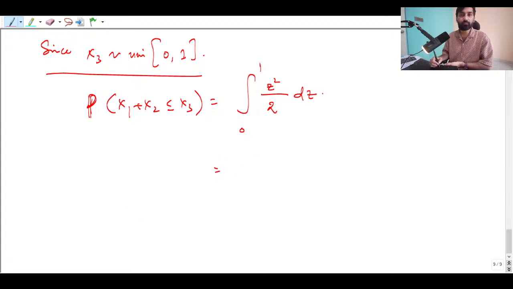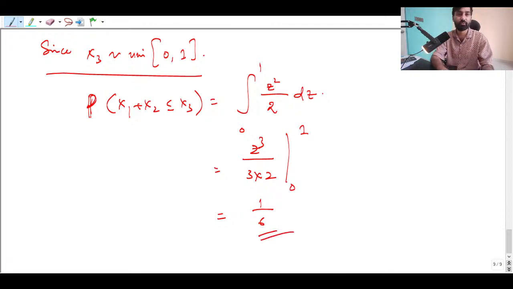Understand? So this becomes z cube by 3 into 2 from 0 to 1, and this is nothing but 1 by 6. You see how fast we are able to find the answer for this question, right?